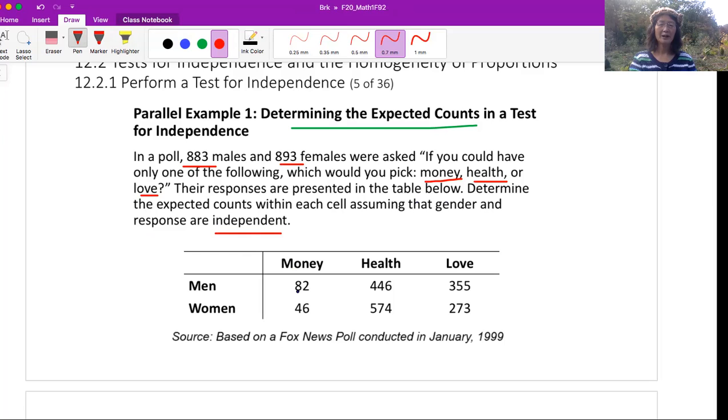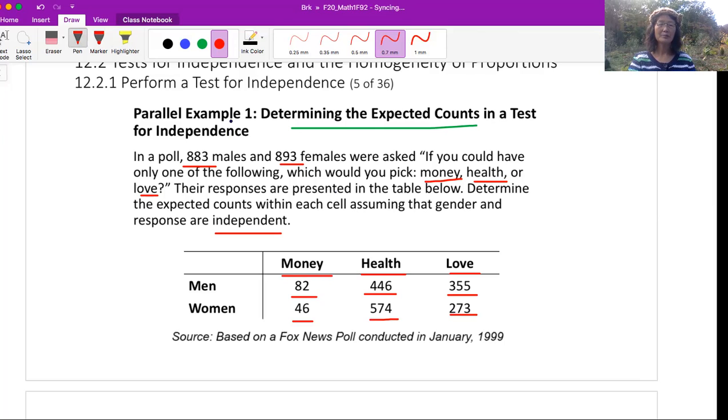Okay, so we asked students a question. If you have a choice, select just one among money, health, love. 82 men select money. 46 women select money. 446 men select health. 574 women select health. 355 men select love, and 273 women select love.